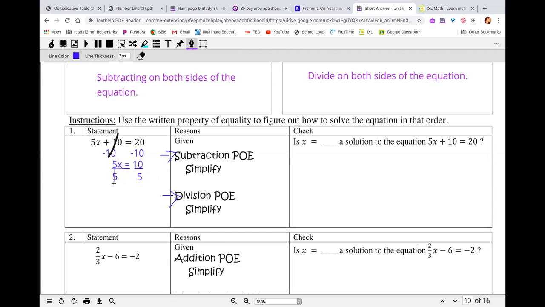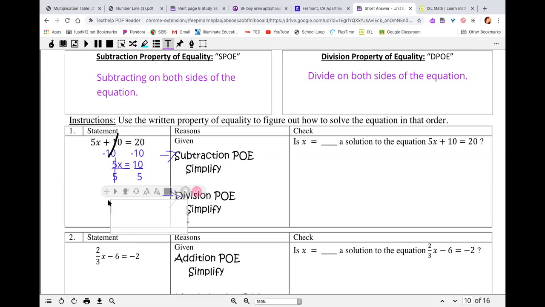These 5s cancel out. Now x is all by itself. X equals 2, yes. 10 divided by 5 is 2. So I had to do 2 steps, right? I subtracted and then I divided.